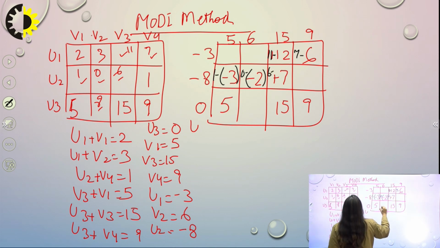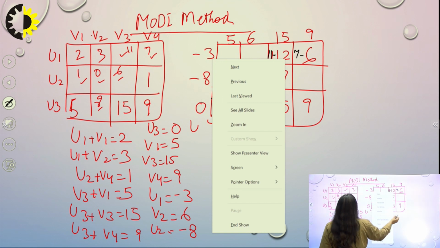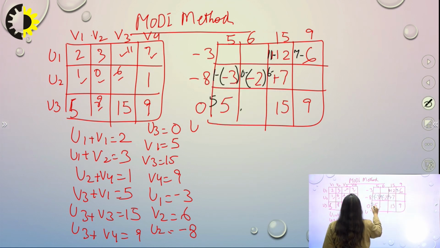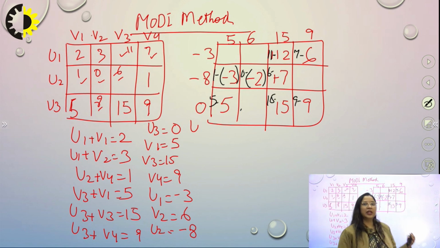And here, this was the unallocated cell and this was 5 minus 5, 15 minus 9. So, we have the whole equation available with us.